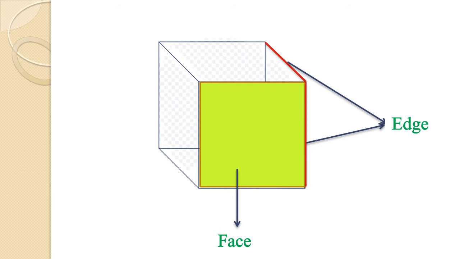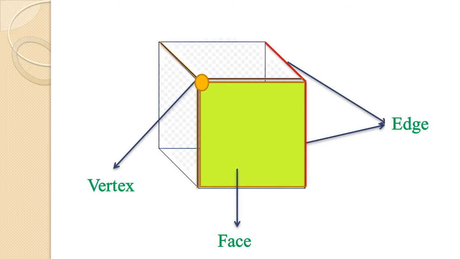Let's see the vertex. The point where three edges meet is called a vertex. So here, these are three edges. Three edges meet at a point. So this is called a vertex.